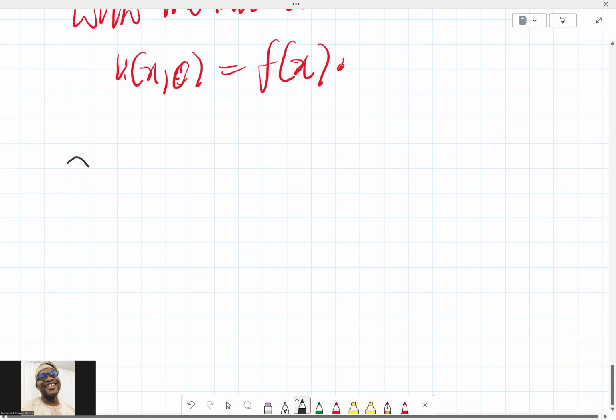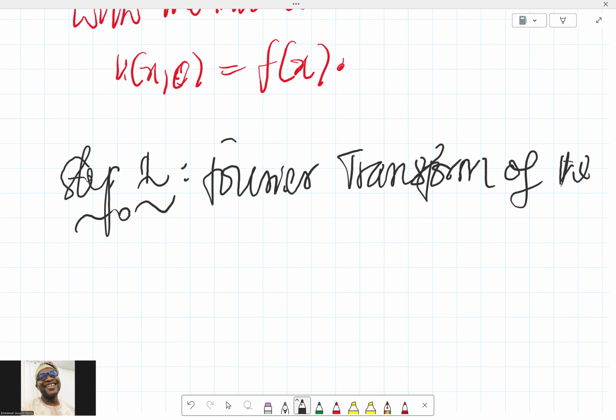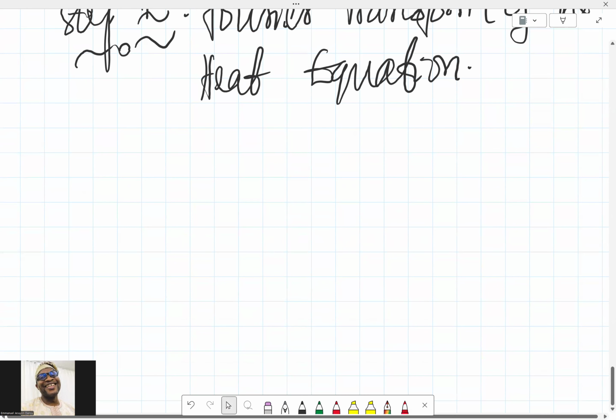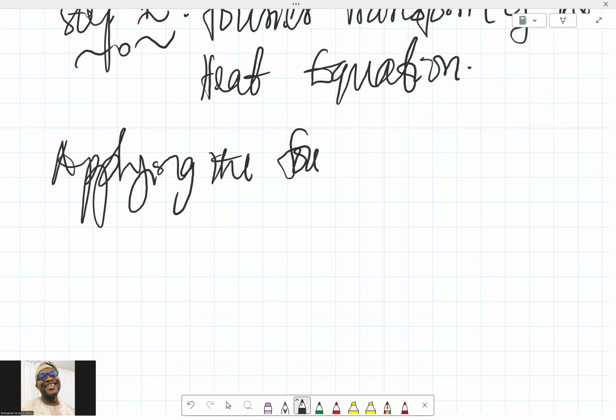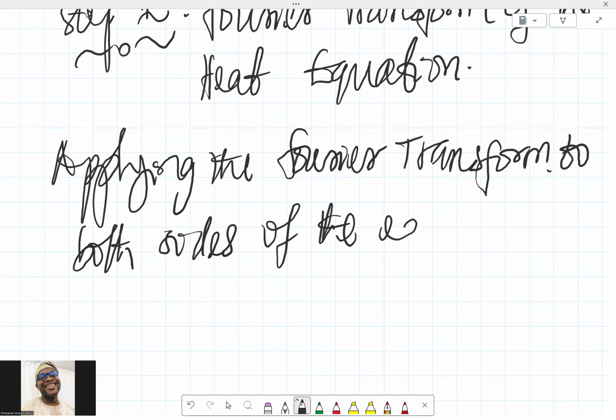So we go for step 1. We do the Fourier transform of the heat equation, applying the Fourier transform to both sides of the equation with respect to x.